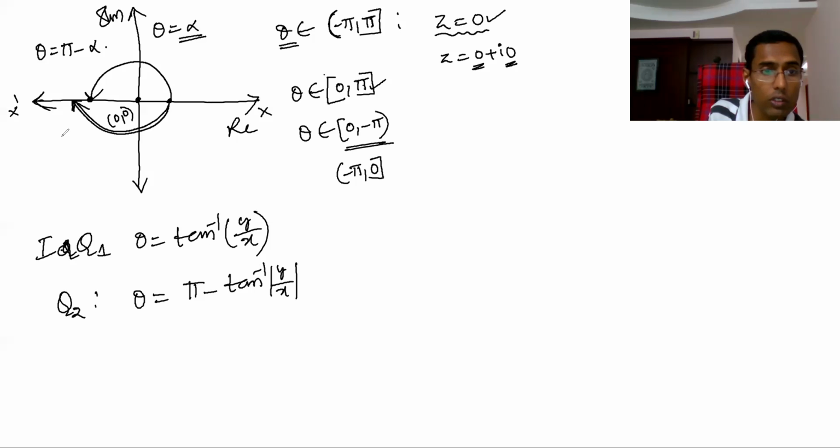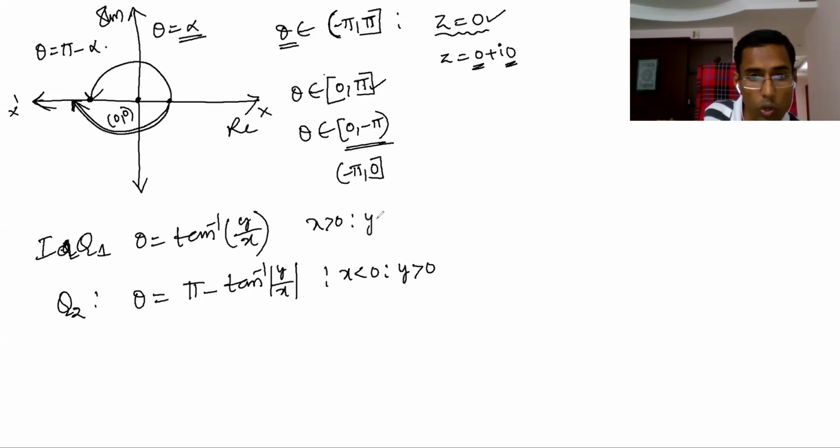Here x must be negative and y positive. In the first quadrant, x and y are both positive. When I take mod of y and x, I am taking the positive part only. So alpha is tan inverse of mod y by x.